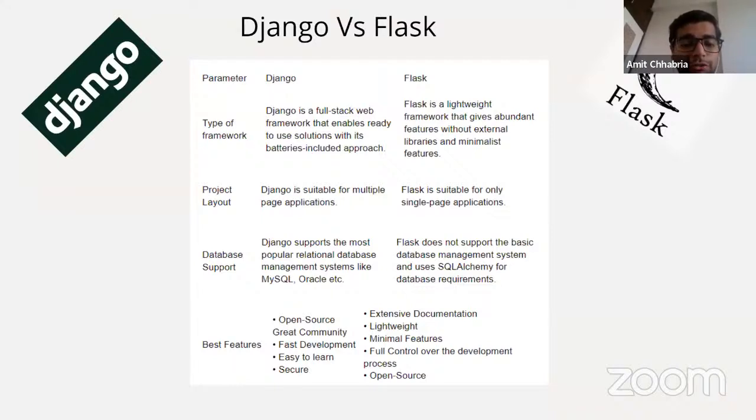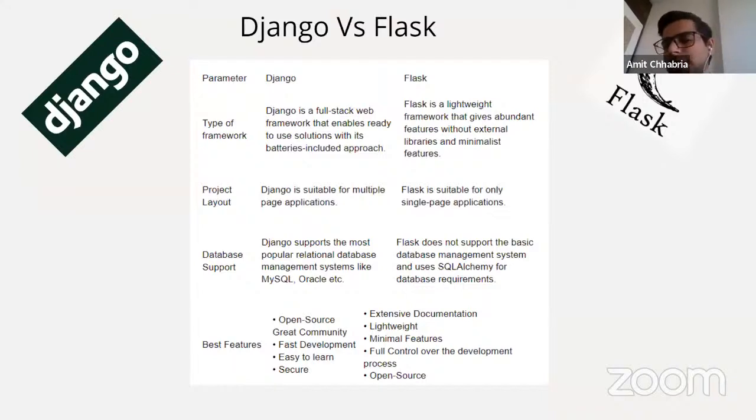There are a lot of things in Django, and one of its best features is the open source community. If you're stuck somewhere, you can go to the community page and type out your actual errors, and you can get a lot of information from there. If you are facing an error, you can post your doubts, saying I have this doubt, and someone will be there for sure to answer you.